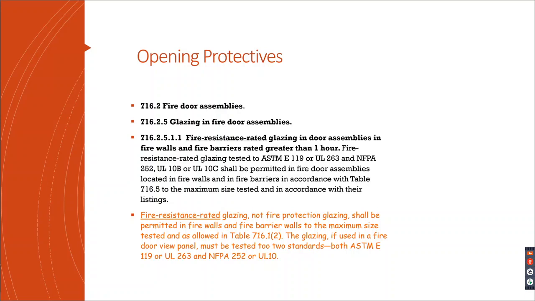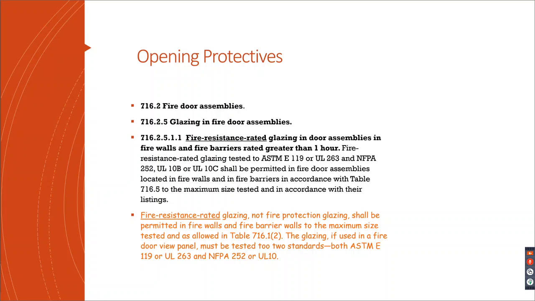So again, I have these underlines: fire resistance rated glazing, not fire protection rated glazing. So fire resistance rated glazing shall be permitted in fire walls and fire barrier walls to the maximum size tested, and as allowed in 716.1.2. 716.1.2 says you can have it, okay, you can. And then what was it tested at? That's how much you can have in it if it was tested as the wall.